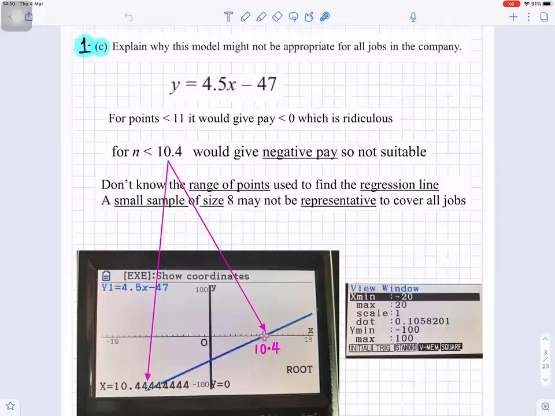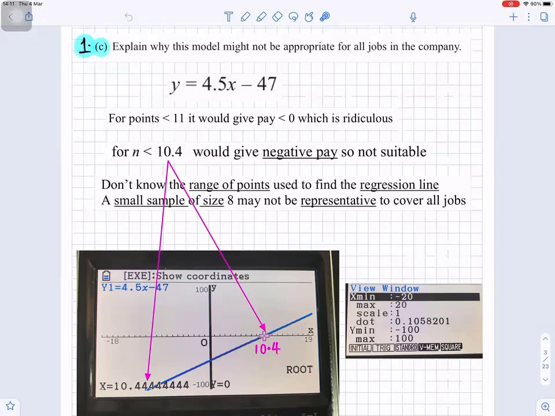Question 1c. Explain why this model might not be appropriate for all jobs in the company. So y equals 4.5x minus 47. For points less than 11, it would give pay which is less than 0, which is ridiculous. Negative pay.